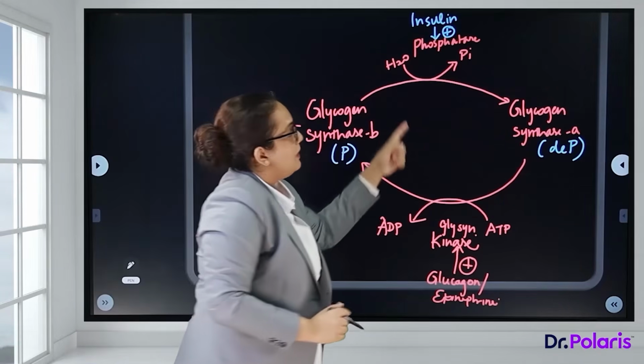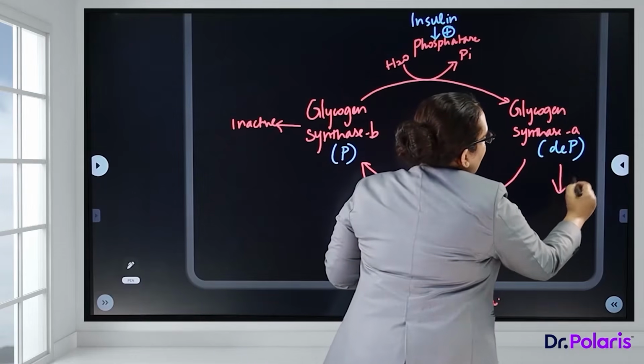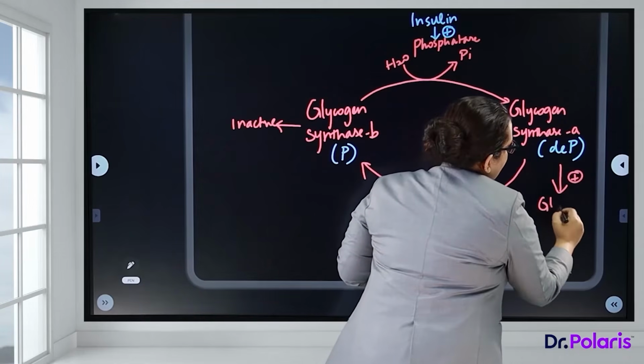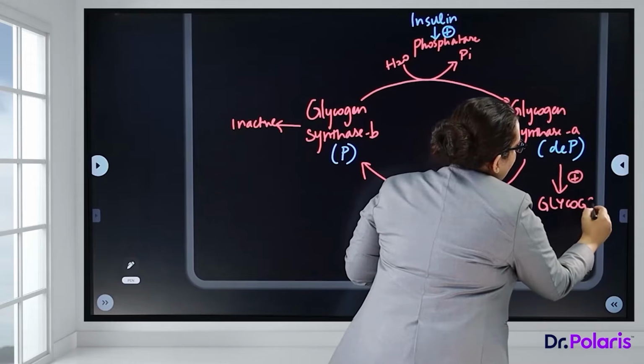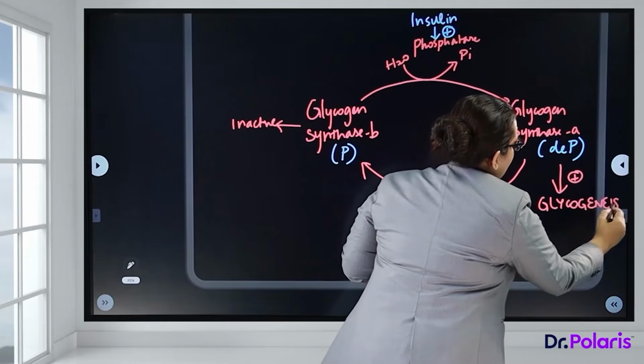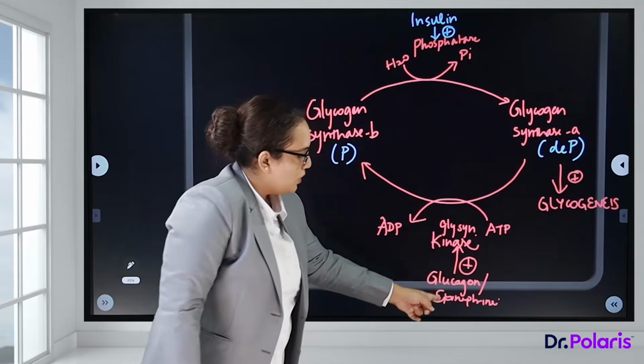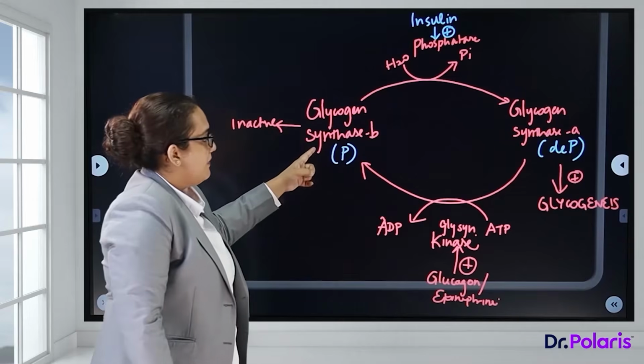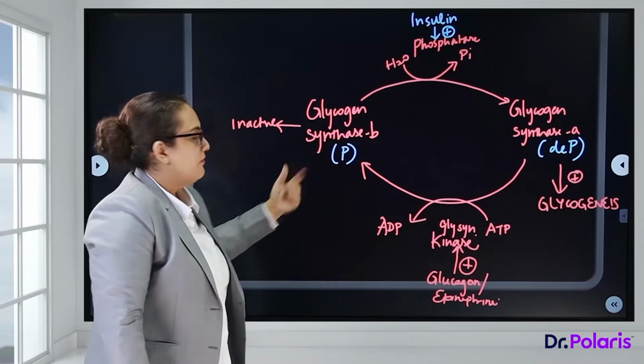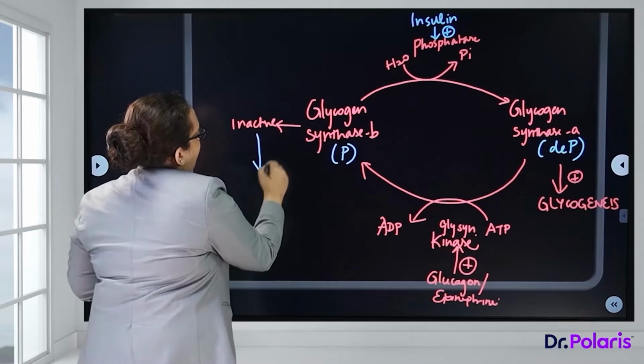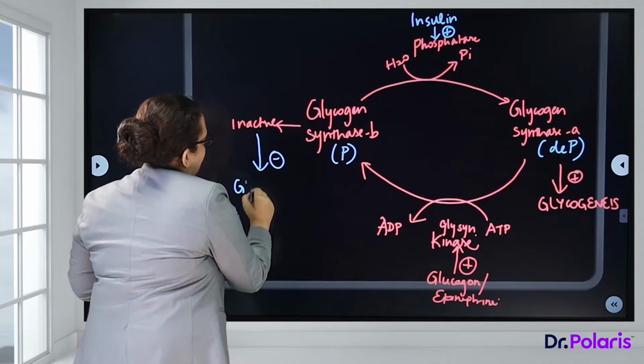So insulin stimulates glycogenesis by increasing the activity of glycogen synthase. On the other hand, glucagon and epinephrine activate the phosphorylated form, which is the inactive form, and inhibit glycogenesis.